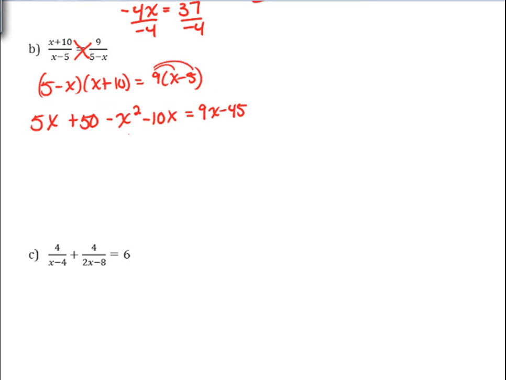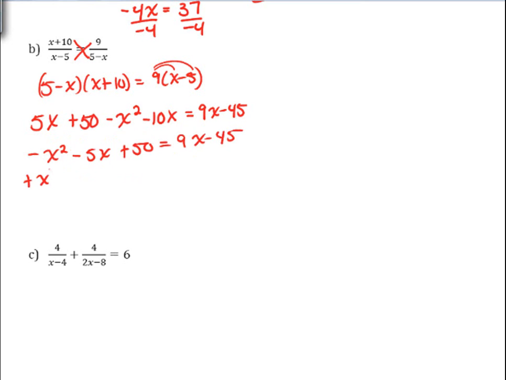This is a quadratic, so we'll need everything on one side of the equation. First, I'm going to gather up my like terms, though. I have negative x squared. And then I have 5x and negative 10x. That's negative 5x and plus 50. That's equal to 9x minus 45. We really want this x squared to be positive, so I'm going to move all of these terms over with the 9x and the negative 45.